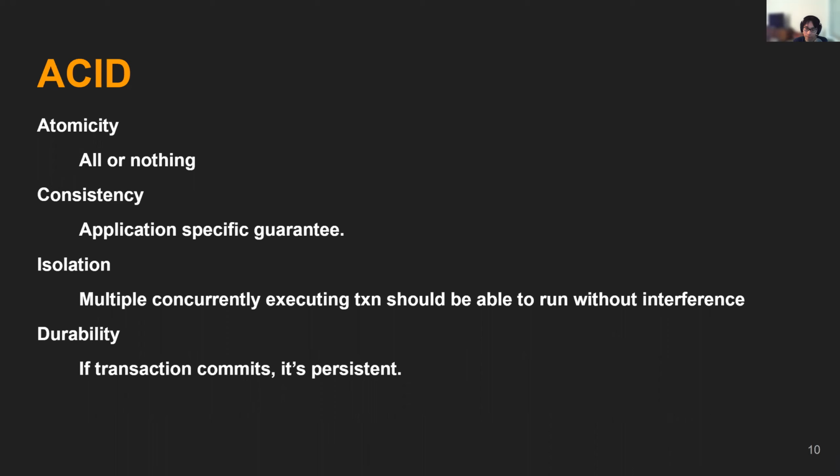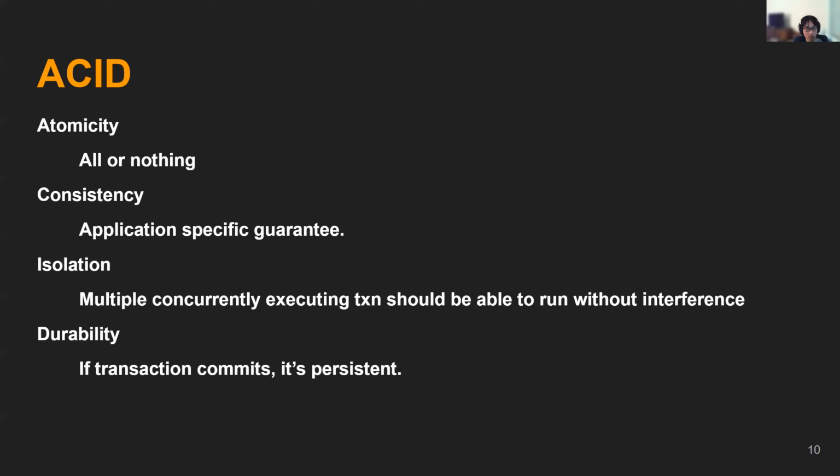Having serializability is a great thing in databases, but it comes with a great price. It has a huge performance overhead. That's the reason why so many databases nowadays implement a weaker notion of isolation, and that gives different isolation levels. I think we'll talk about this next time when we talk about concurrency control algorithms.